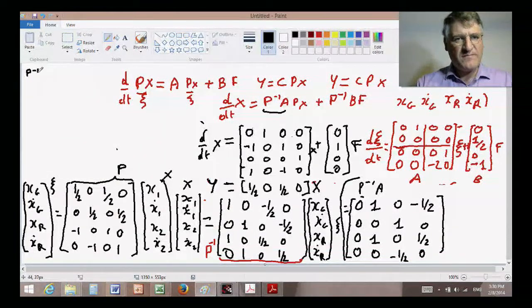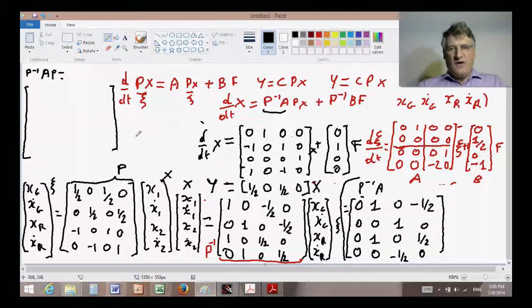P inverse times A times P is equal to, well, we're going to get a 4 by 4 matrix whose first entry is going to be 0 times 1/2 plus 1 times 0 plus 0 times minus 1 plus minus 1/2 times 0. Therefore, 0.